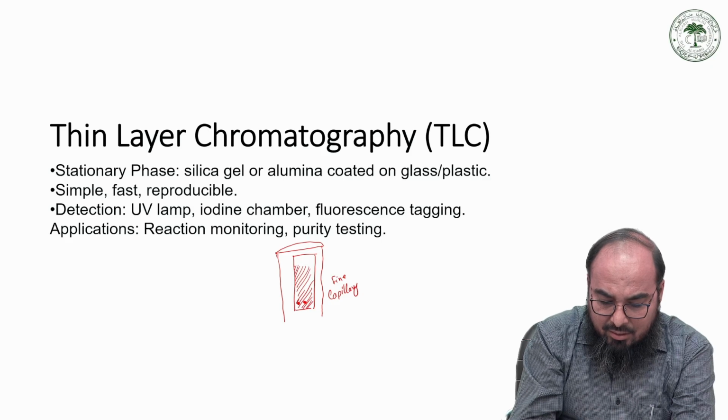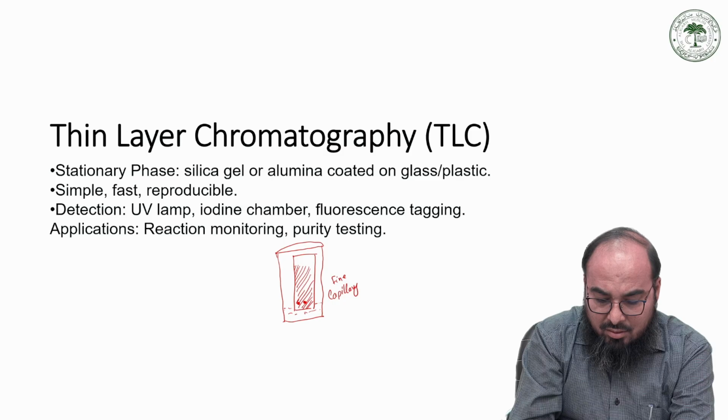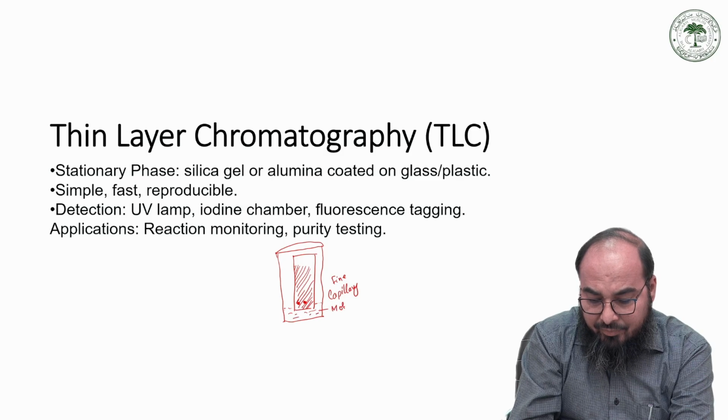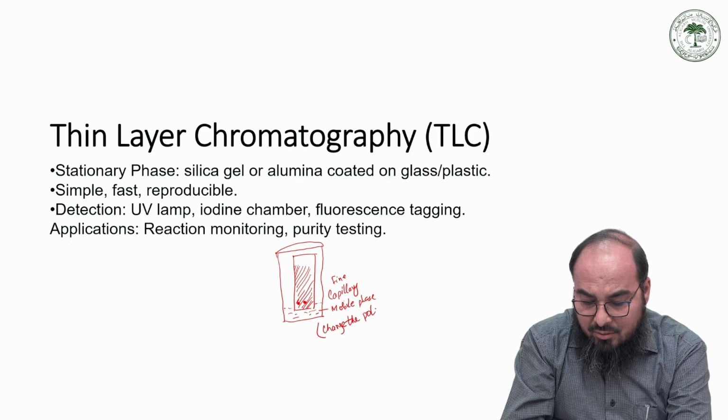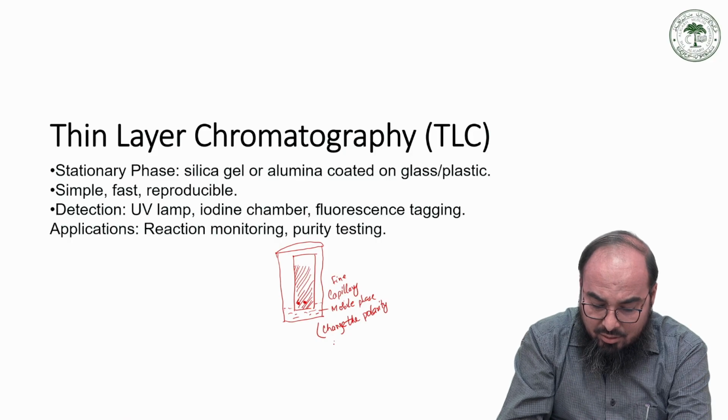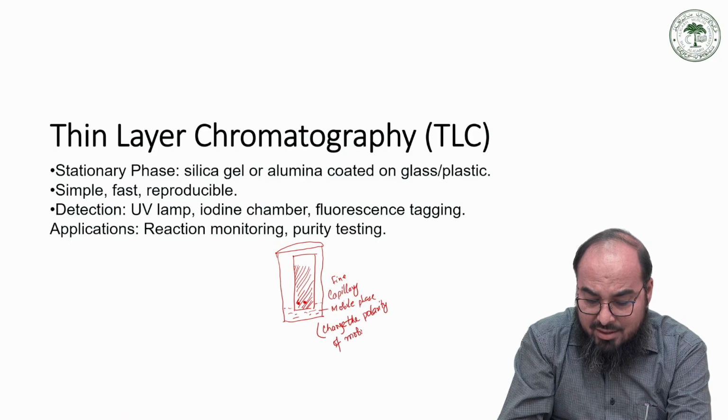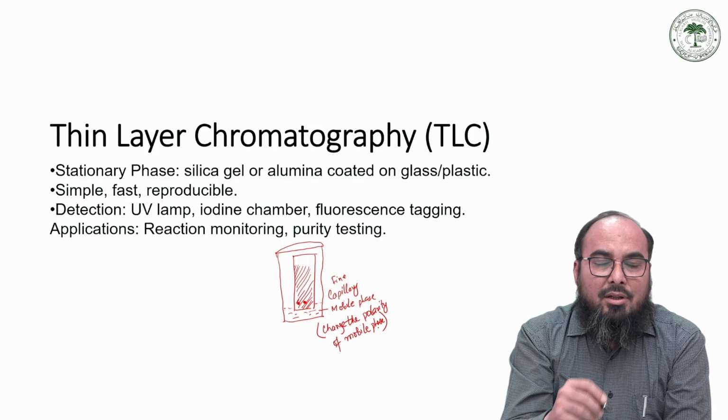In the beaker you use a certain mobile phase, and you can change the polarity of the mobile phase, and the spots rise.